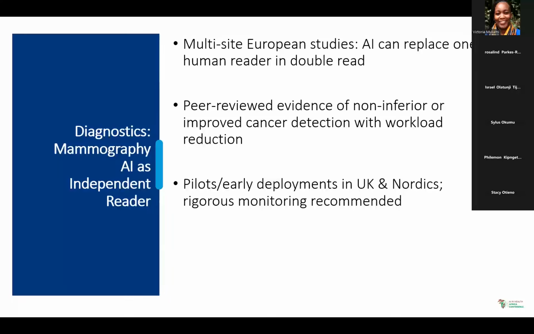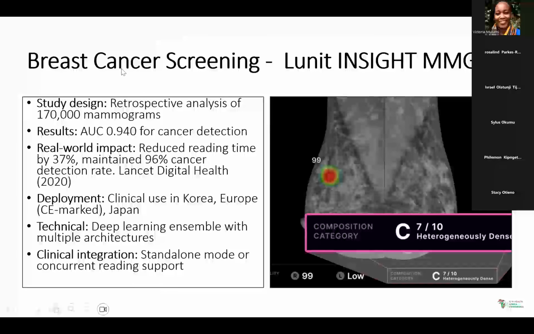So it's not saying that it isn't better. What it's saying is the study has been designed to show that it's at least the same, if not better than what you're using already. So the UK and Sweden are doing deployments and early pilots, but it still needs to be done under rigorous monitoring. So this is an example of one of the most promising tools, the Lunit INSIGHT.